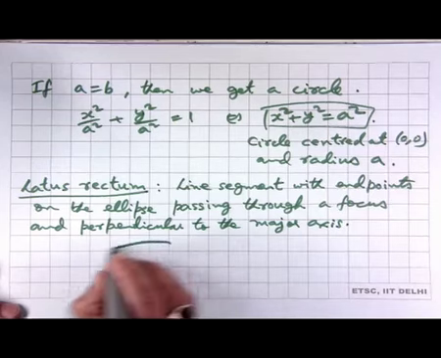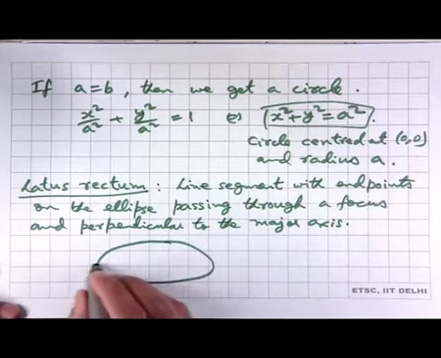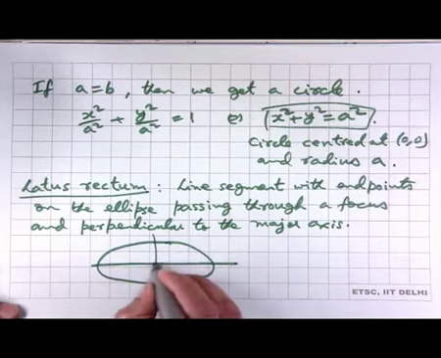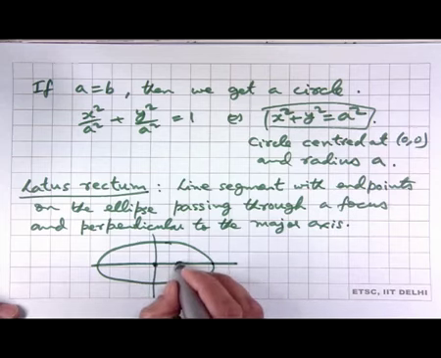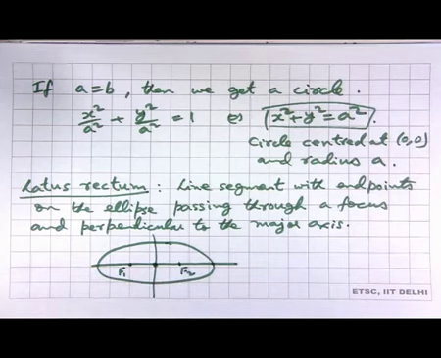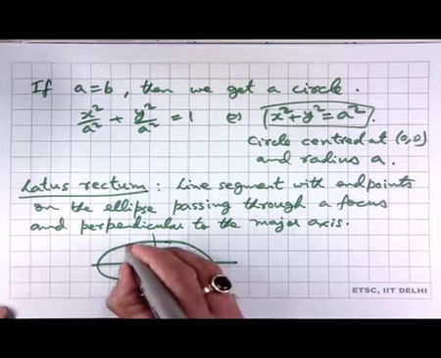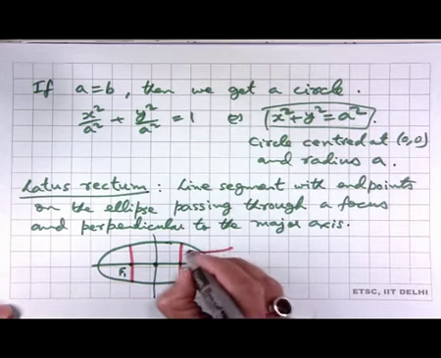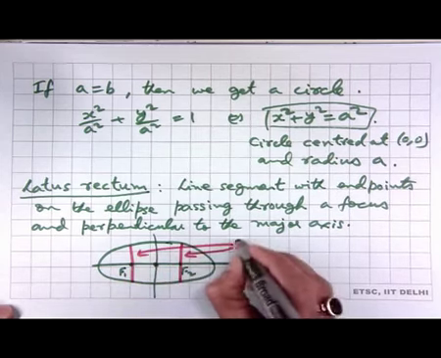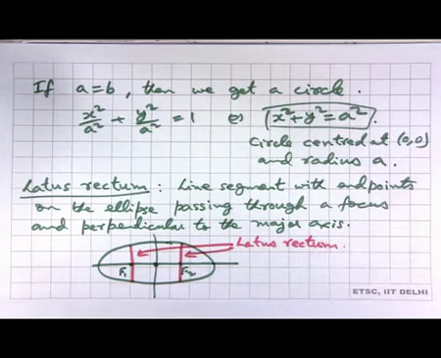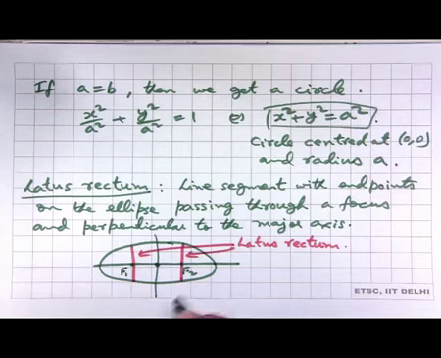So, if we have an ellipse like this, this is the center, we have foci F1, F2, then let me draw. The latus rectum is drawn in red here. What is the length of this latus rectum?